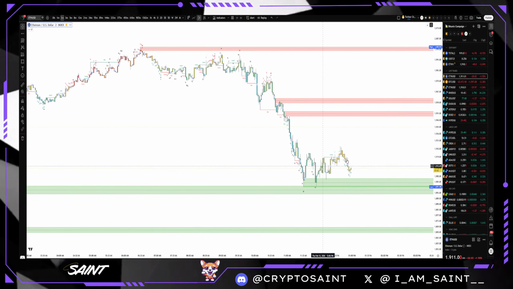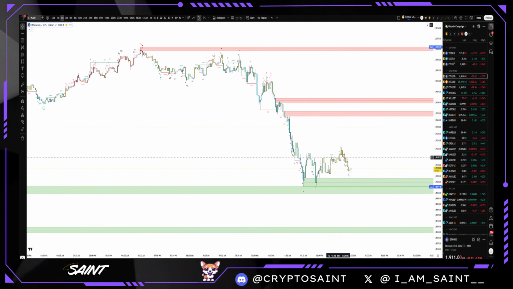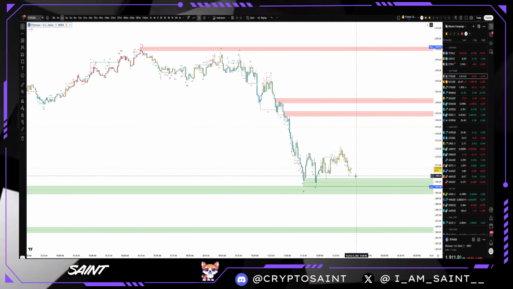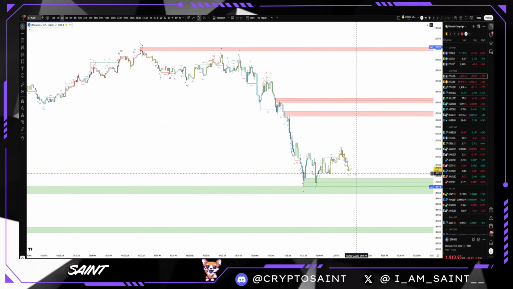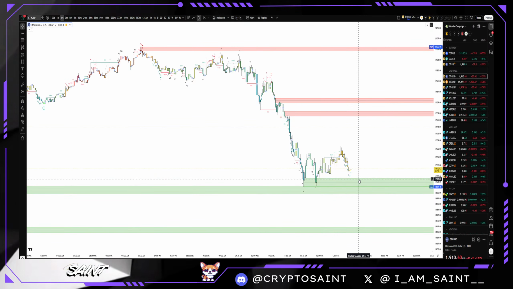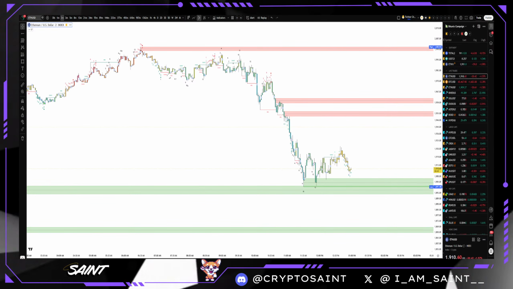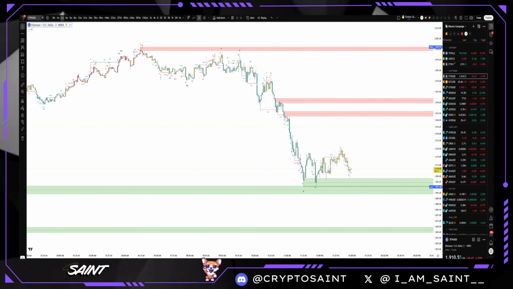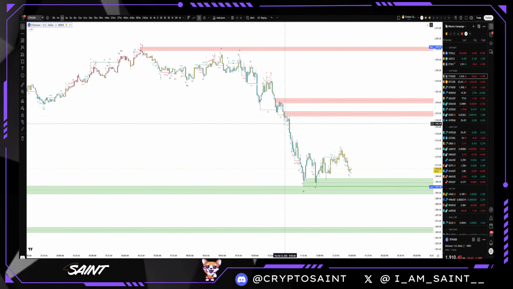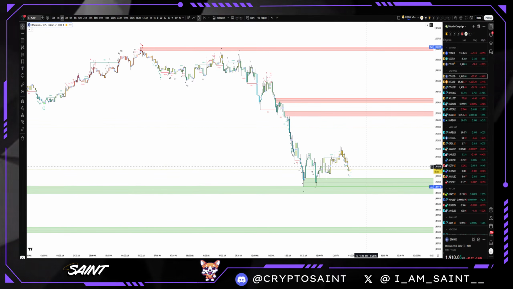Yeah, got a 13 on lower. Now we got to change a character. Got our pullback. I'm gonna see what that 9 does here in the next session. See if that 9 can give us a move down and then move back up.